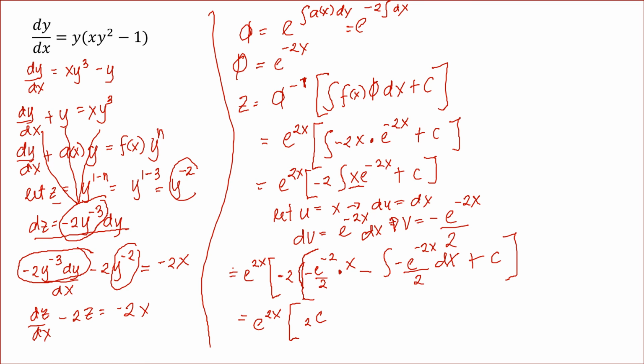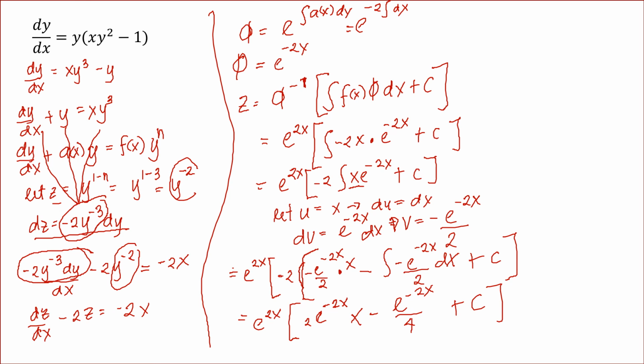So x e^(-2x). Forgot an x here. e^(2x) then x minus: negative times negative is positive, but the integral of e^(-2x) is negative, so we have e^(-2x)/4, plus c.